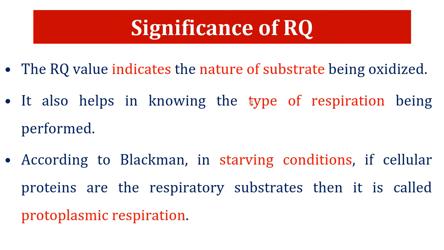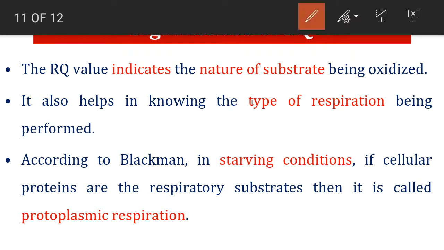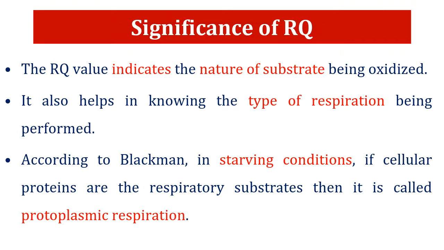Now these are some of the significance of respiratory quotient. The respiratory quotient indicates the nature of substrate being oxidized. As we have seen till now, for the various types of substrate, whether it is carbohydrate, protein, fatty acid, organic acid, whatever it may be, the value of respiratory quotient is different. So from the value of respiratory quotient, one can guess which type of substrate is going to be oxidized. It also indicates the type of respiration.